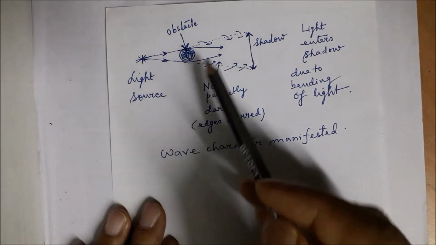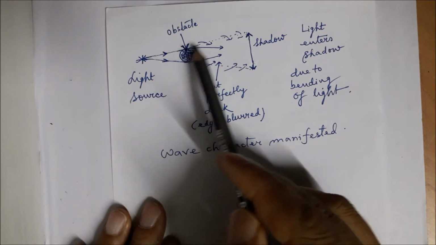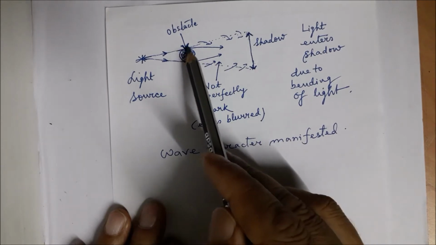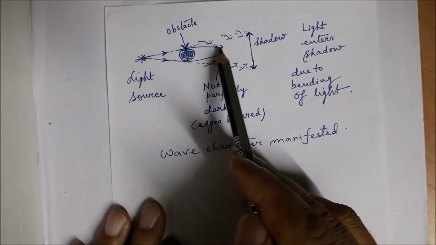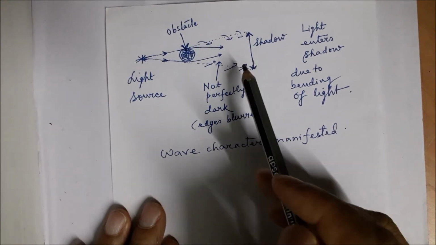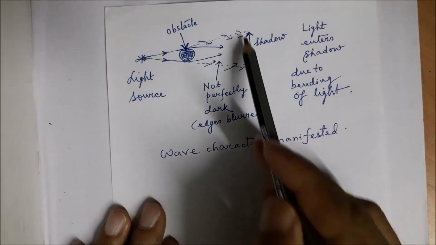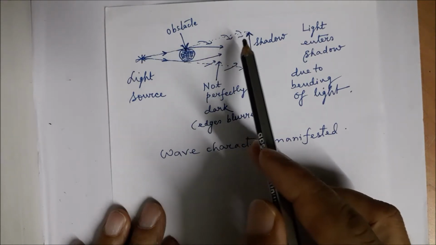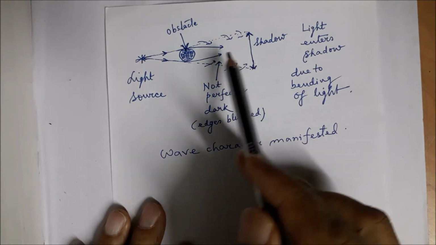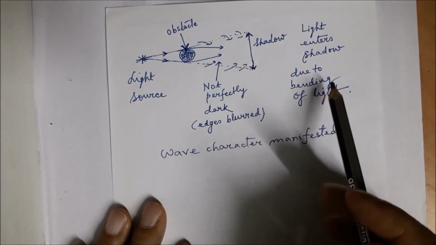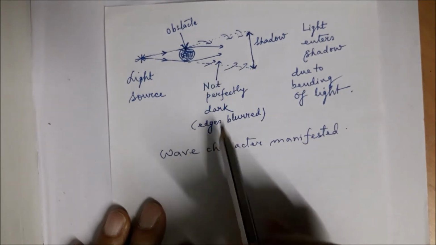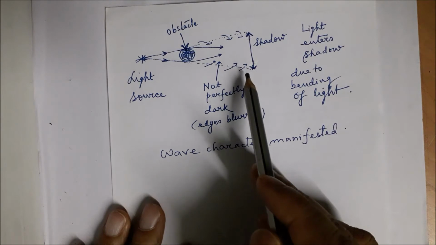If there was no bending we would have a shadow of this amount, but since there is bending of light, light will enter into the shadow region, and therefore we will have blurring at the edges, and the shadow, which we are calling, will not be perfectly dark. A slight illumination will be there, and all this is due to bending of light. So in other words, wave character is manifested in these phenomena.